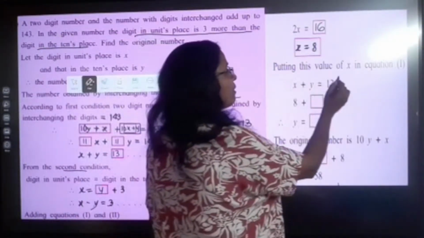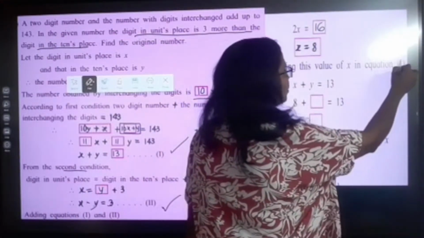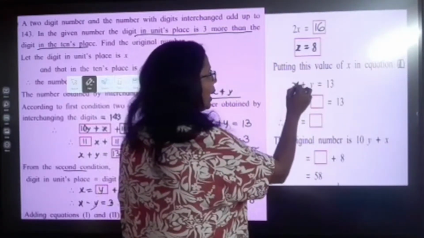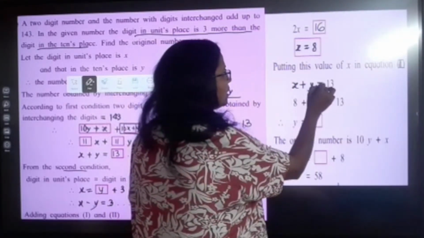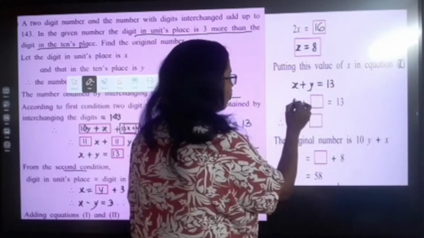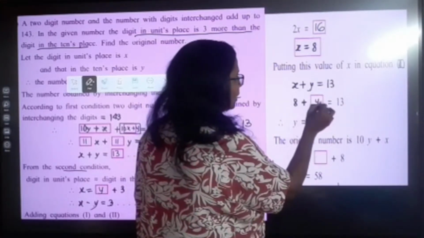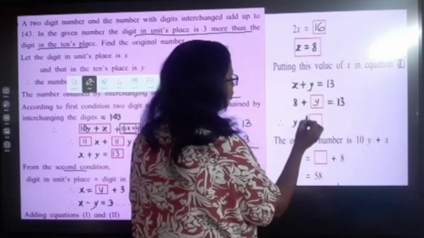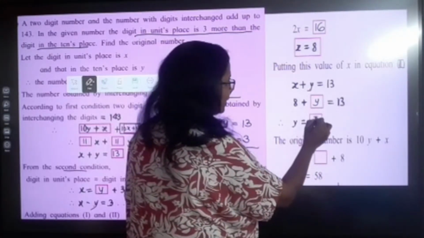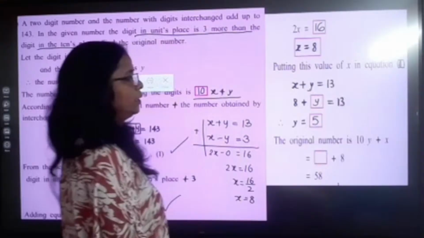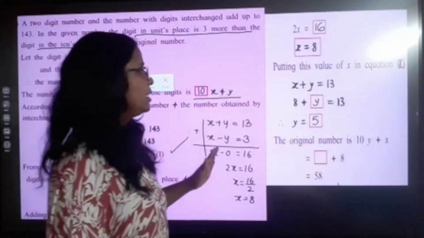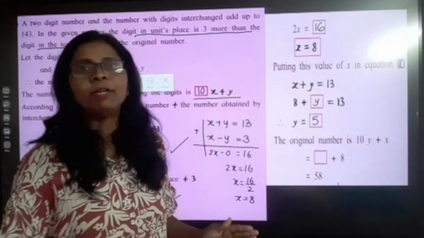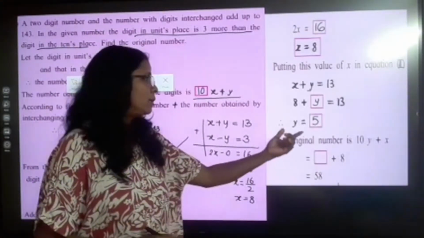Now putting this value of x in equation 1. Equation 1 is x plus y is equal to 13. So 8 plus y is equal to 13, so y is equal to 13 minus 8, that means y is equal to 5. Okay students, we have both the values, x is equal to 8 and y is equal to 5.